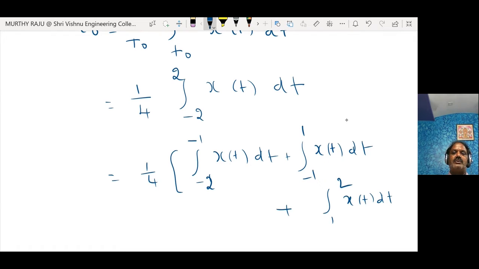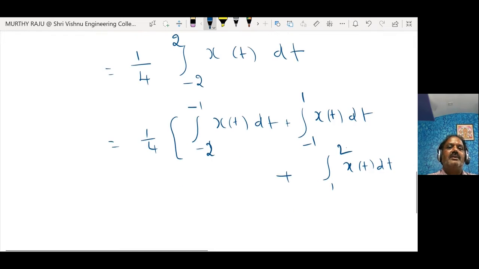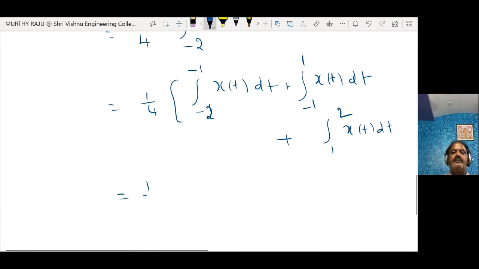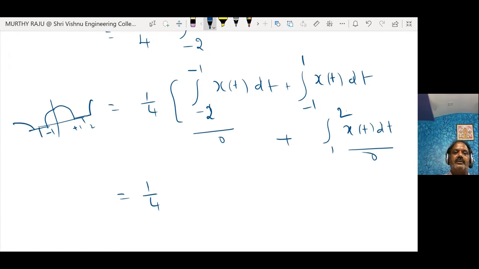The time period is from minus 2 to plus 2. The first and last values are 0 because there is no waveform there. Only the minus 1 to 1 interval remains, which is the actual waveform cos pi by 2 t dt.